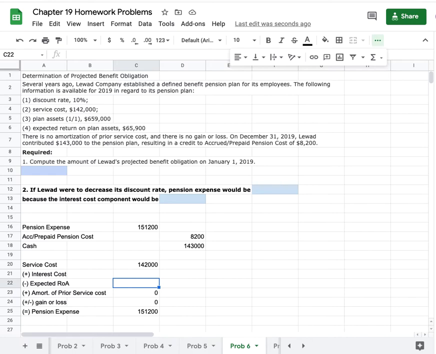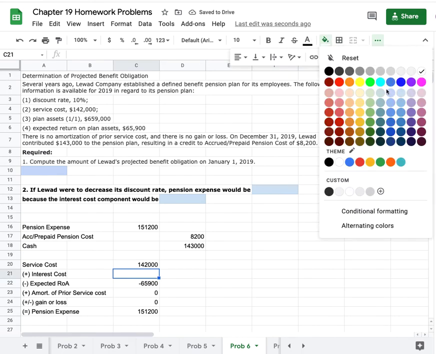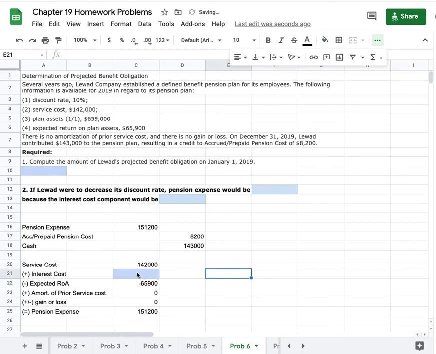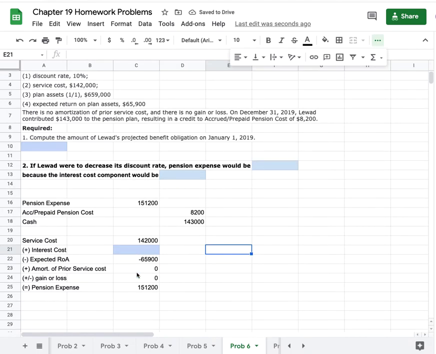And then the expected rate of return is $65,900. And so let's put a blue here because we need to solve for the interest cost. Once we have the interest cost, we can then solve for the projected benefit obligation at the beginning of the year.